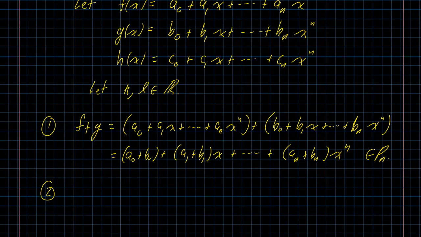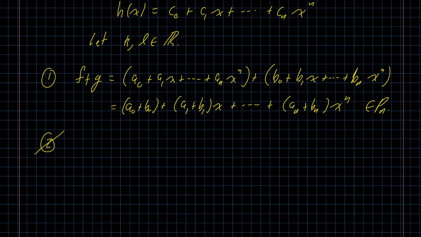All right. Second property, we ask for commutative. I'm going to skip over that one for the time being. It's not that interesting, and we'll get enough ideas out of this if I jump straight to associative. The associative property asks me to look at f plus g plus h.